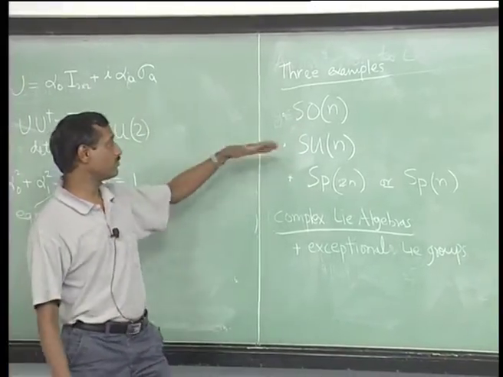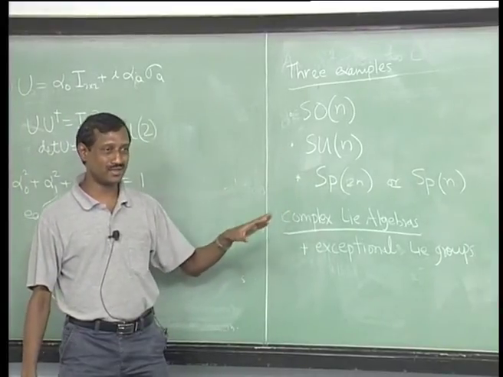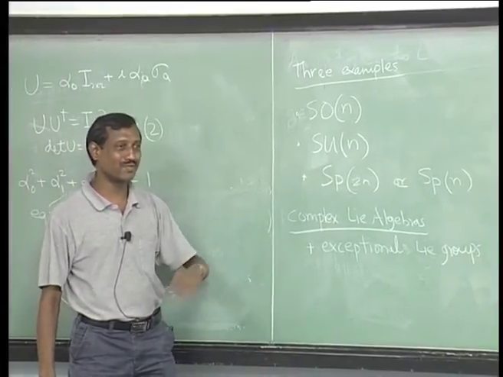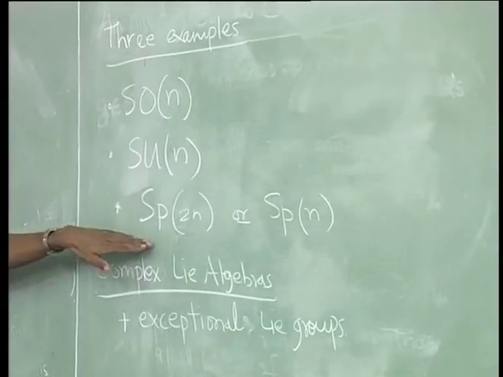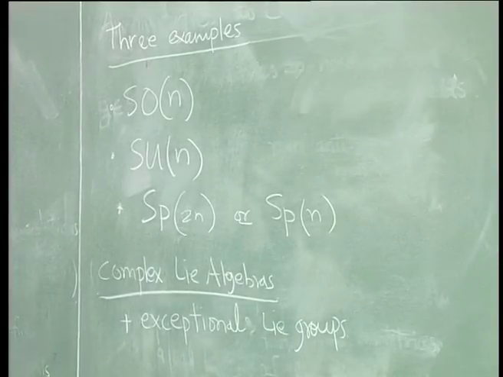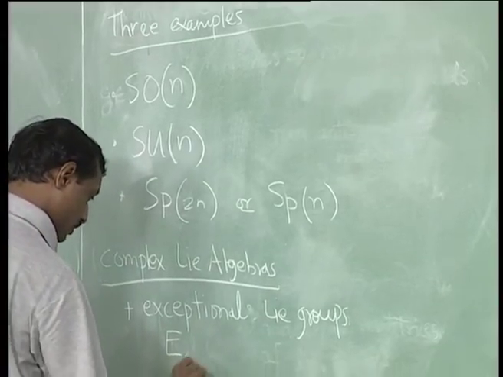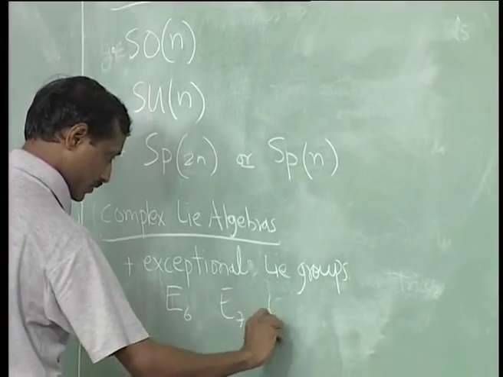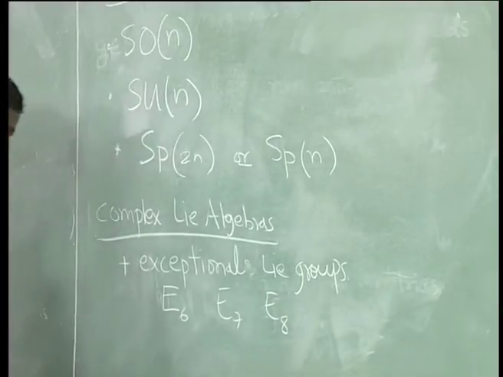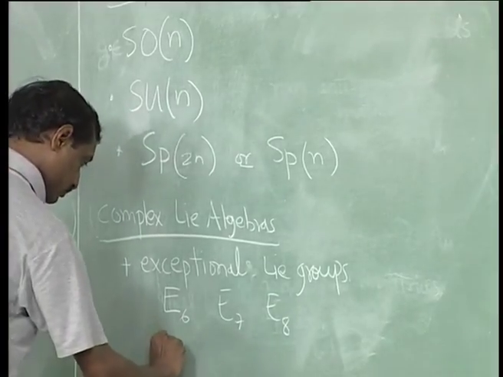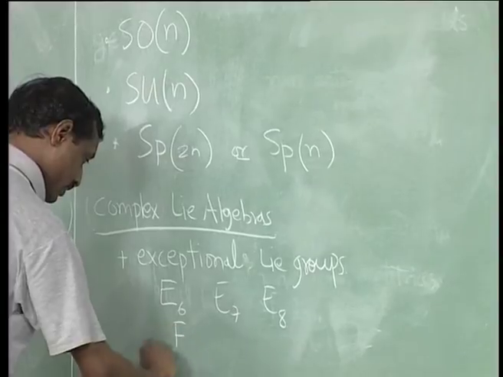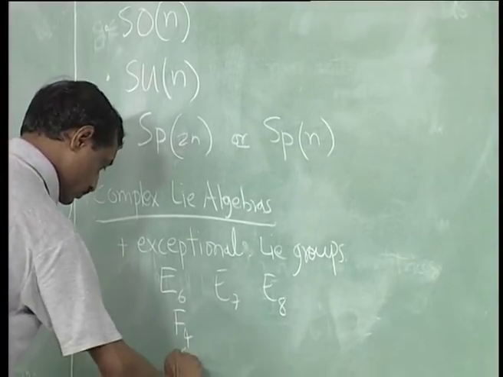So, they form A, B, C and D. I will not tell you which one is which, you go back and check. That covers these, but you also have E, F and G: E, then F4 and G2.